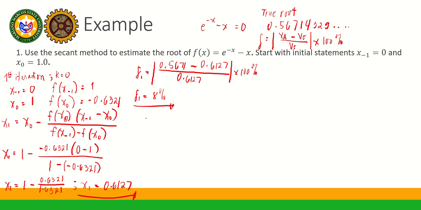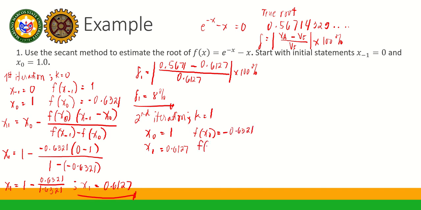Now, for our second iteration, our k is now equal to 1. So, x sub 0 natin is equal to 1. X sub 1 natin is equal to this one, si 0.6127. F of x sub 0 natin is equal to, ayan, si negative 0.6321.